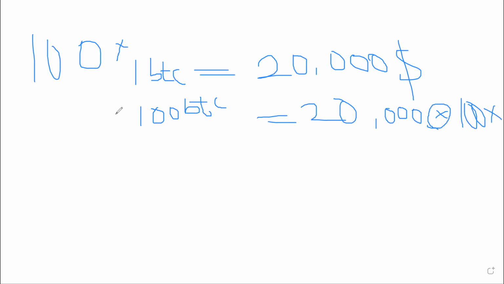The same thing if you have $200, or let me just say, if you want to open 0.001 BTC, and one BTC is $20,000, you'll be needing like $200 to open it.